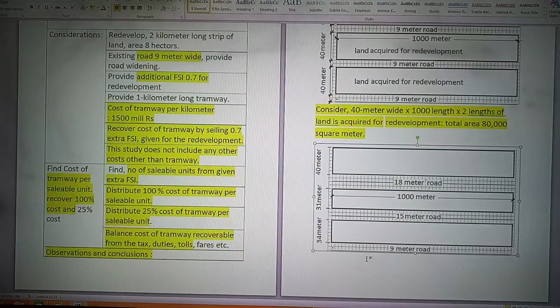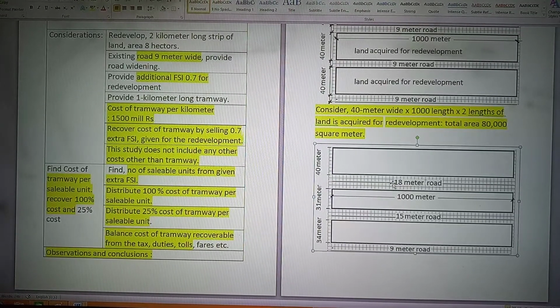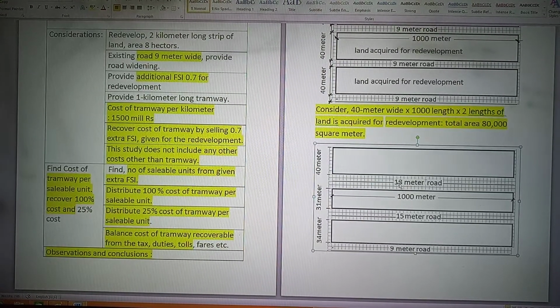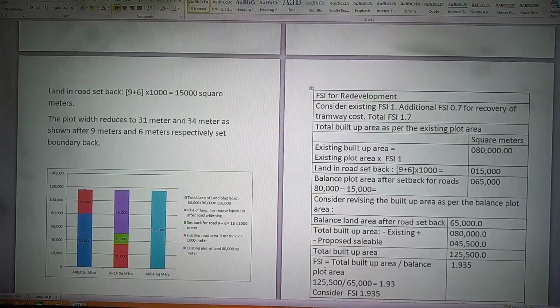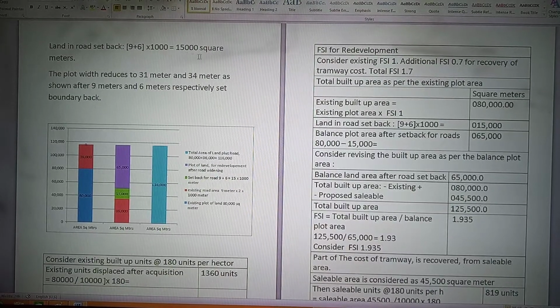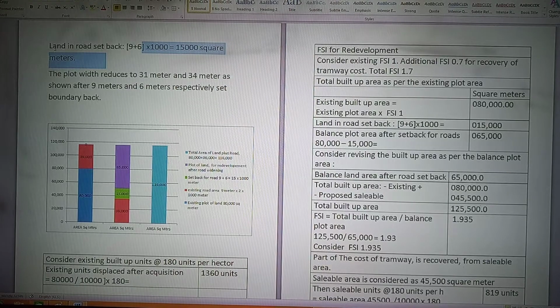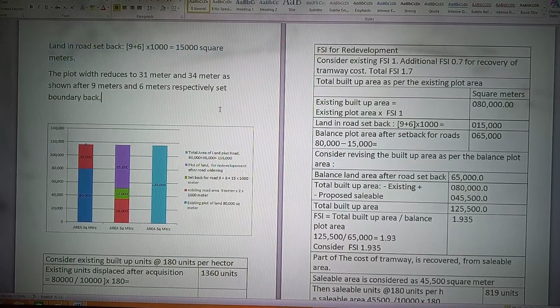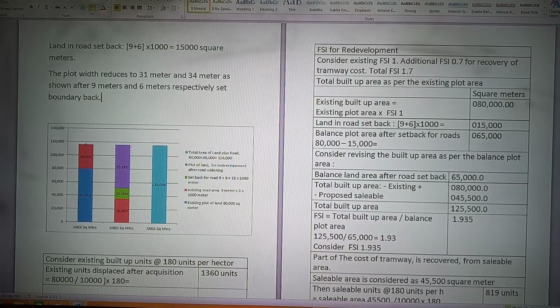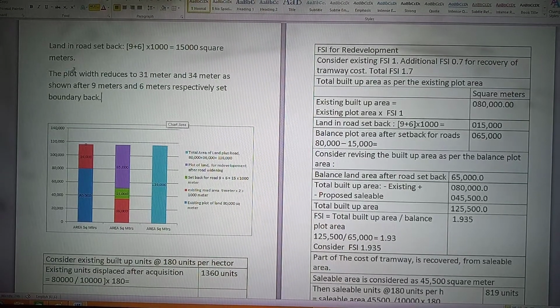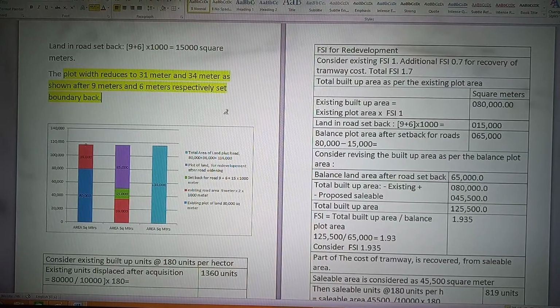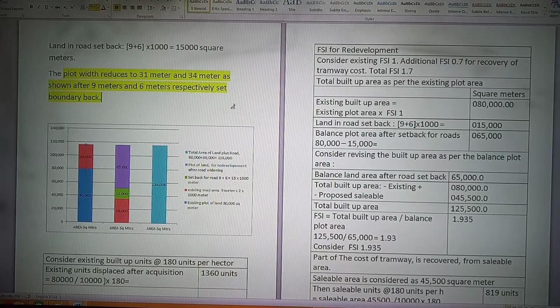Now let us see how much is the extra road area. You can see the road has been widened to 18 meters and 15 meters. So the land in the road setback comes to about 15,000 square meters, and consequentially the width of the plot has shrunk.